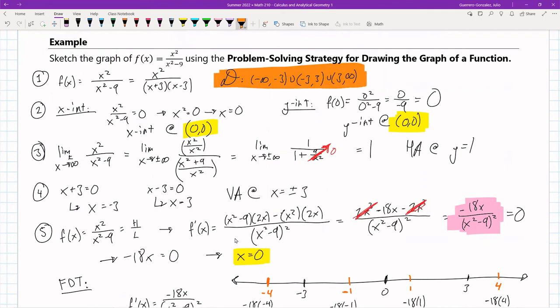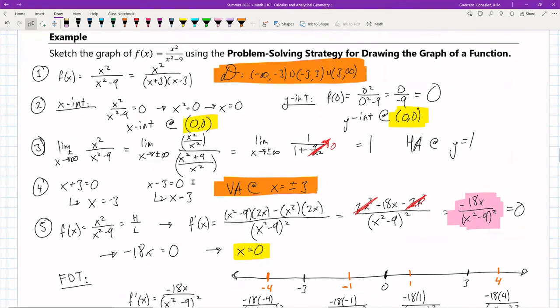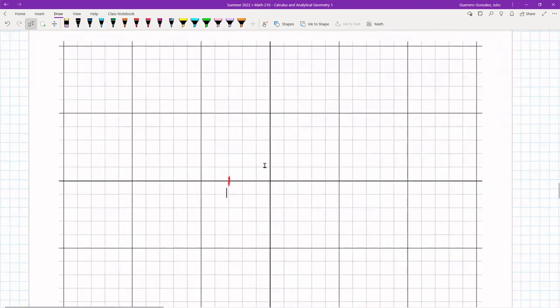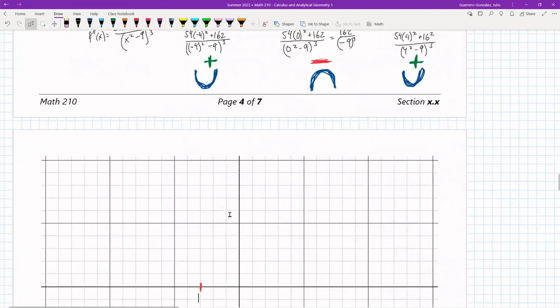right? And that also gives me my vertical asymptotes at positive and -3. So I'm going to go ahead and go to positive and -3. +3, -3. I'm going to do them in red. 1, 2, 3 right here. I'm going to zoom out a little bit so I can get most of it.